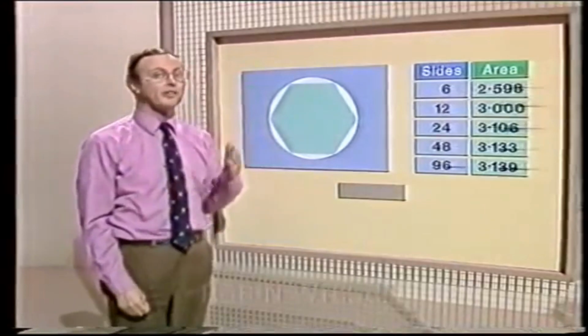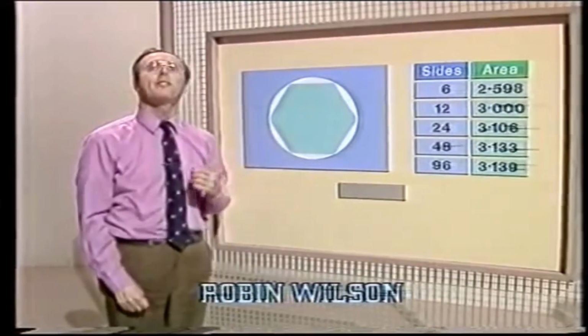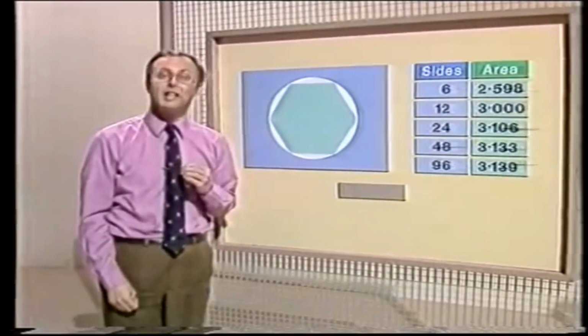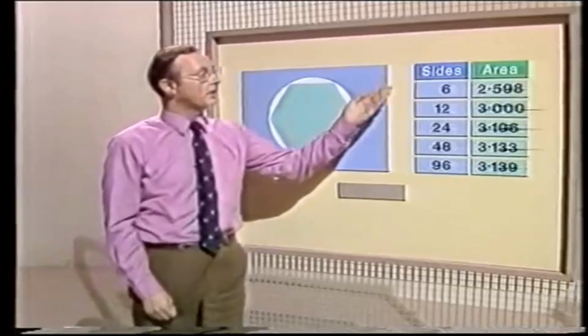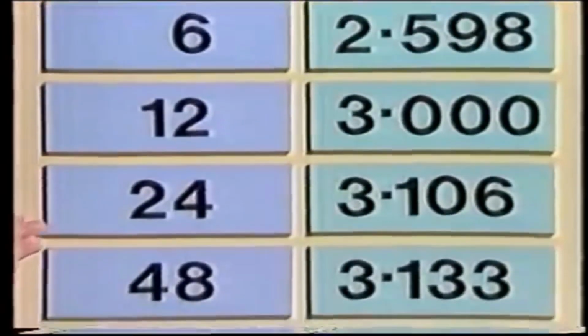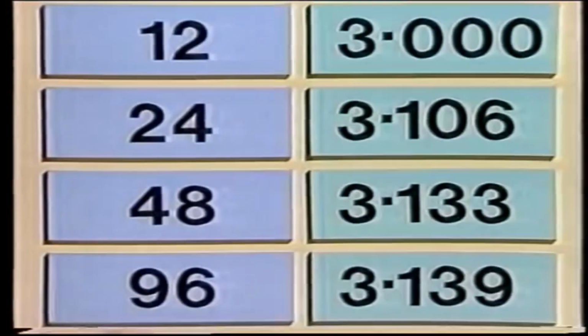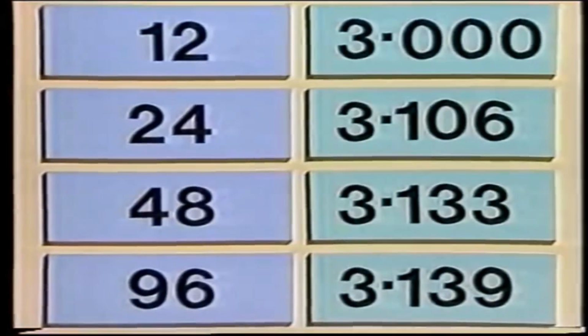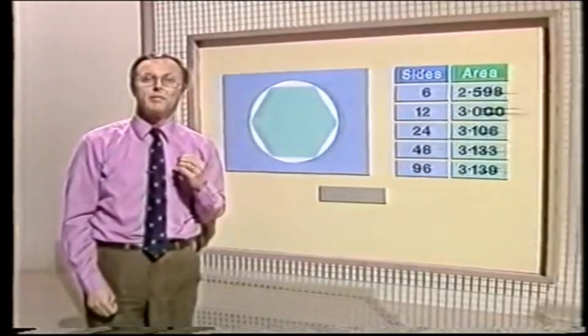So by this process of fitting polygons inside the circle, we've found a sequence of approximations for the area. But what exactly is the area? We've worked out our approximations to 3 decimal places, and we get this increasing sequence of numbers. And it seems intuitively obvious that the limit of this sequence is the area that we need.